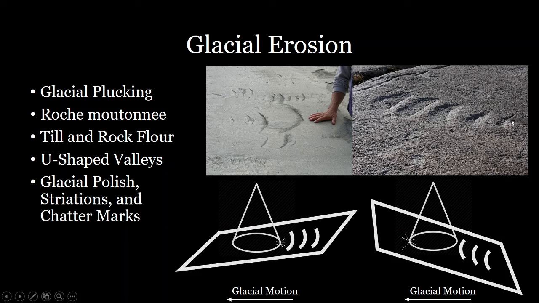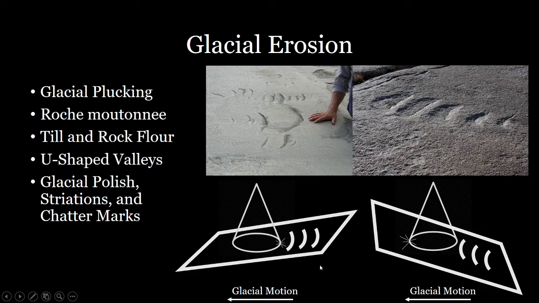The interesting thing about chatter marks is that they can tell you which direction a glacier was moving millions of years ago. For example, you can think of that boulder bouncing on the rock like a cone being pushed into the rock. And depending on the slope of that bedrock relative to the direction of the glacier, it'll leave concentric curves in different orientations.